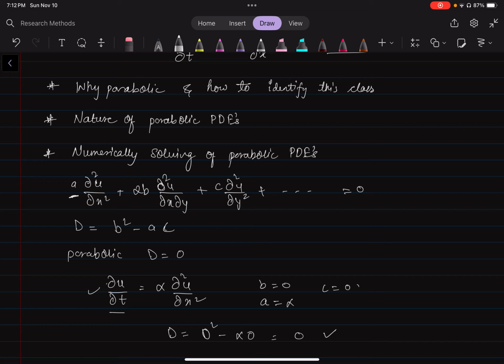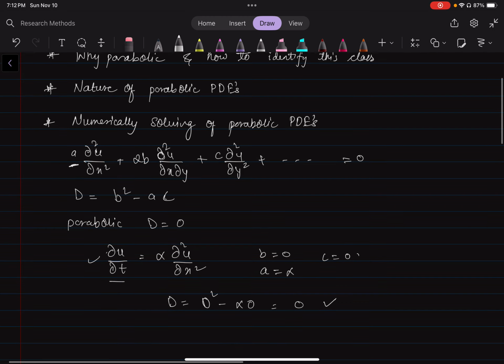This connection is seen in solution properties such as the smooth and diffusive nature, how things diffuse over time, which is reminiscent of the smooth curve of a parabola. So that's why this set of equations are called parabolic equations.